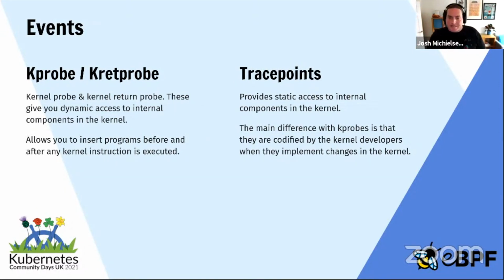What static basically means is that they're codified by the kernel developers. They're made available as a stable API, in terms of being able to inject your program and access those events. So if you write a program for one kernel version, going forward, you can expect some form of backwards compatibility, which isn't always the case with things like kprobes.